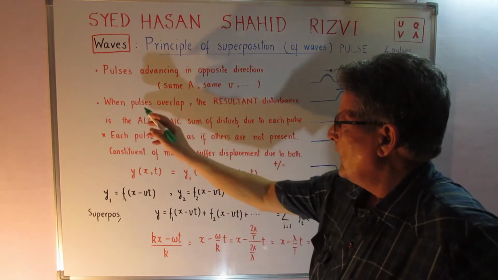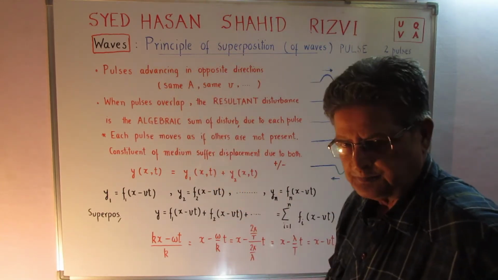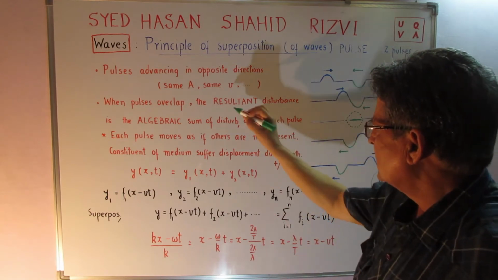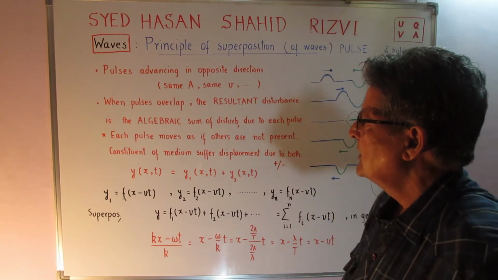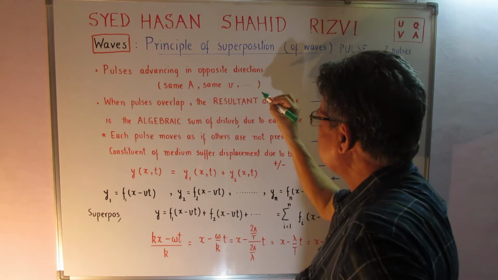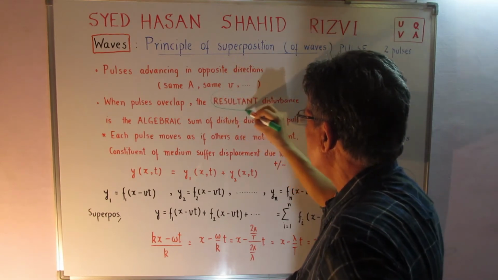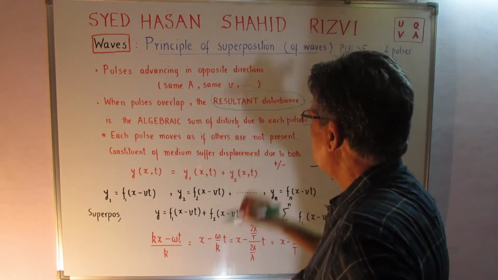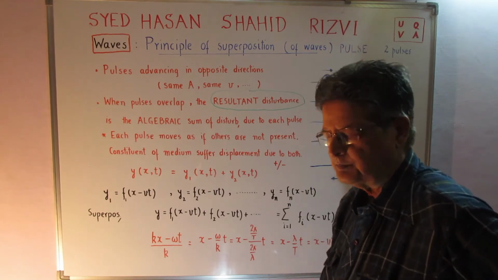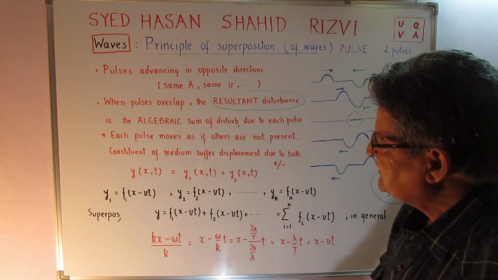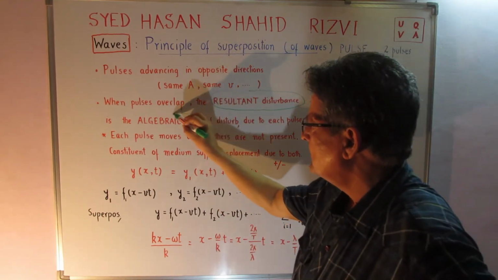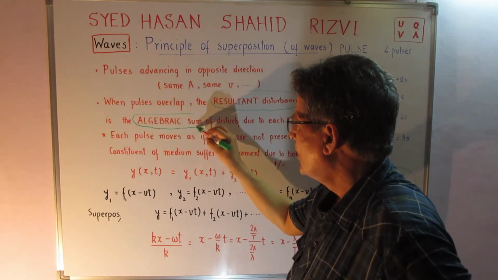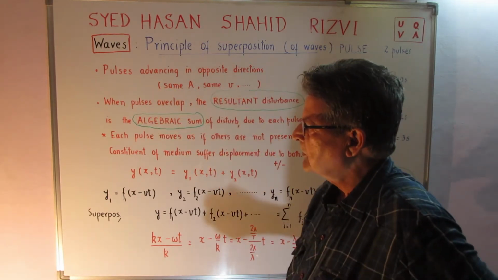Well, when pulses overlap, the resultant disturbance due to each of them is the algebraic sum. What is the algebraic sum?